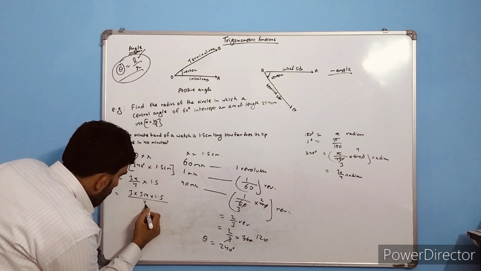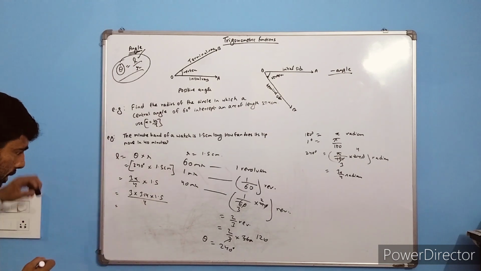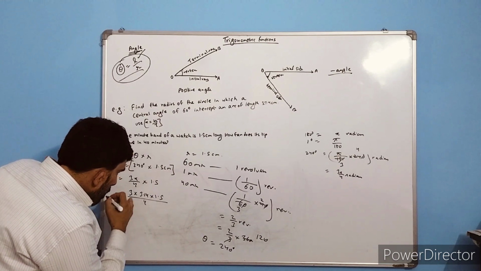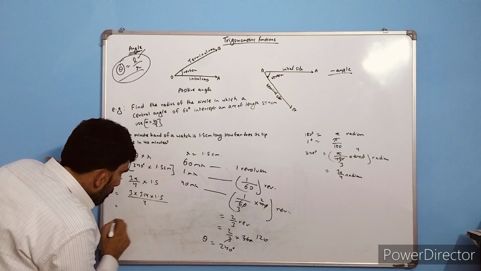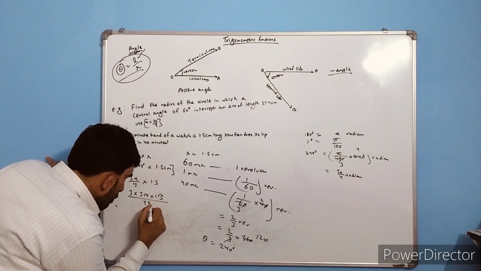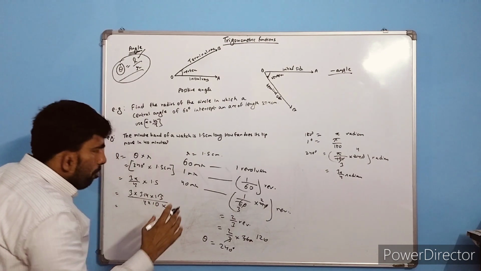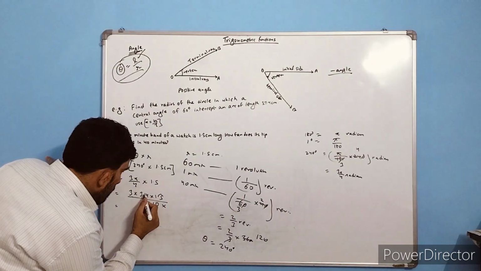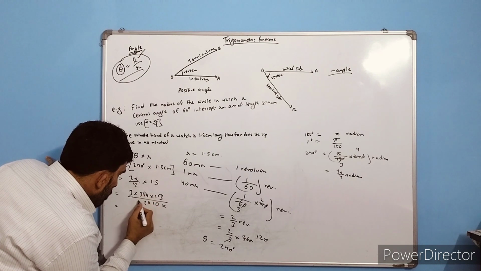So now I can easily find the distance by dividing. I got this if I multiply by 10. It's a small trick to calculate, or you can also add.